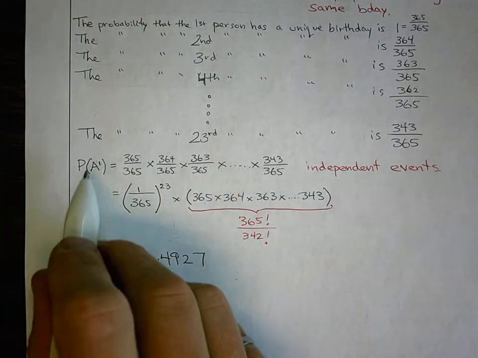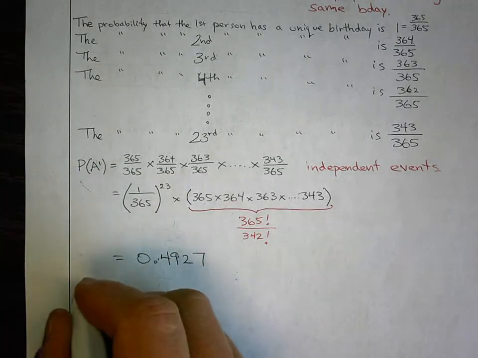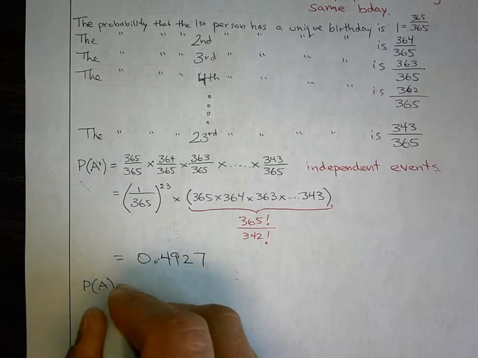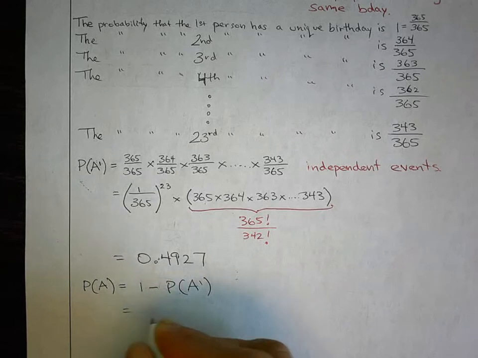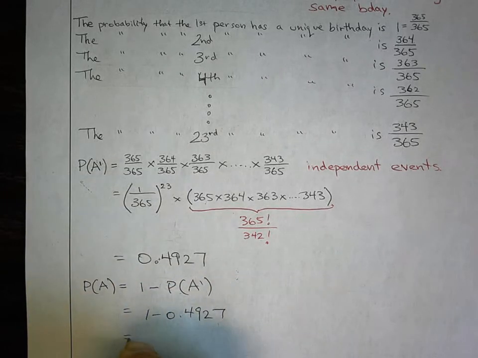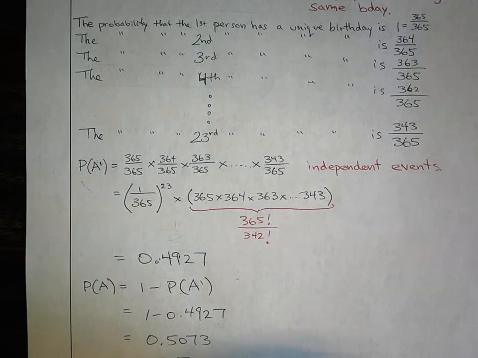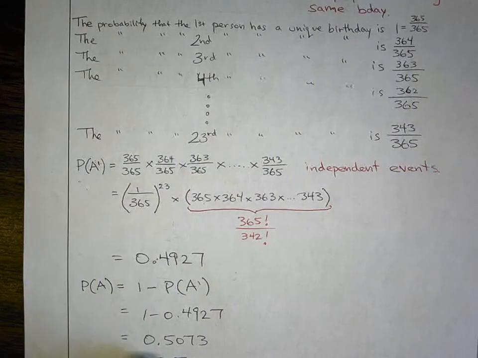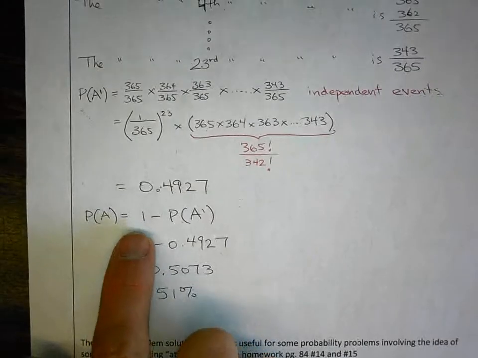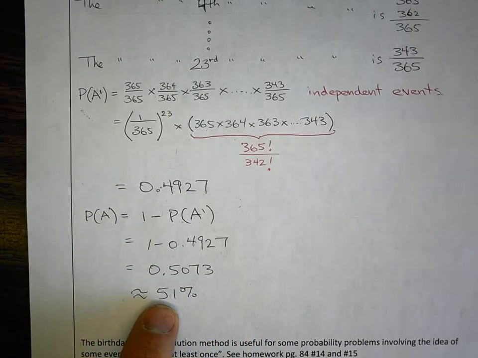Now, that's the probability of people not having the same birthday. The probability of people having the same birthday, then, is 1 minus the probability we just found. So I get 1 minus 0.4927, which is 0.5073, which is around 51%. Hey, look at that. So the probability that two people have the same birthday is 51%.